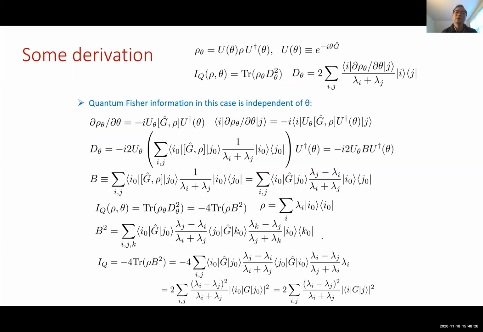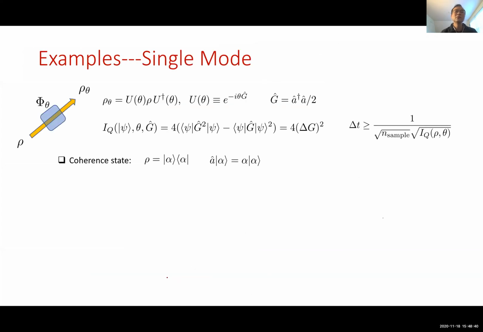There's some derivation. I'm not going into the detail, just to let you know that I derived that expression here. You can check it out later yourself, but I'll skip the derivation. Any questions? So maybe it will be clearer if I illustrate with examples.